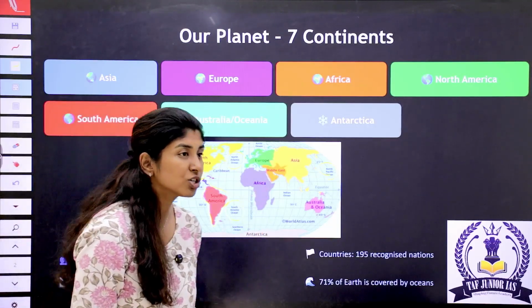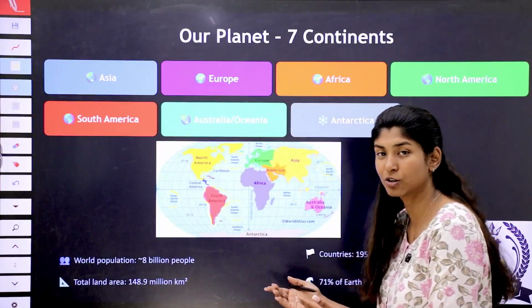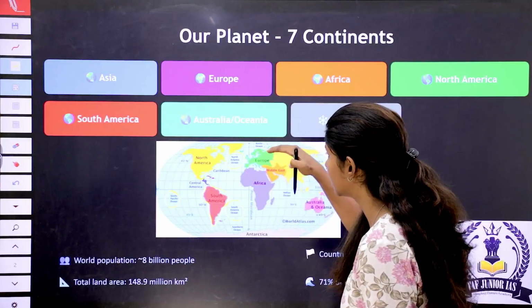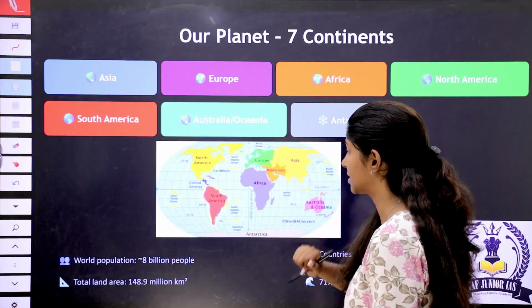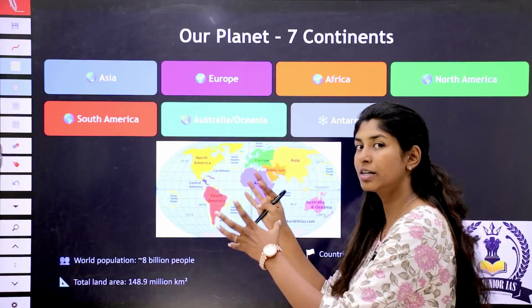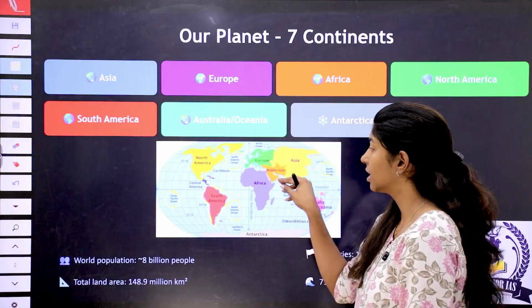This is the only ocean that is named after a country, and we should be really proud of it because it is the Indian Ocean. Now, you can see here there's Europe, and then here there's Africa, and here there is Asia. Now, this continent as a whole is sometimes called the Eurasian plate, okay?